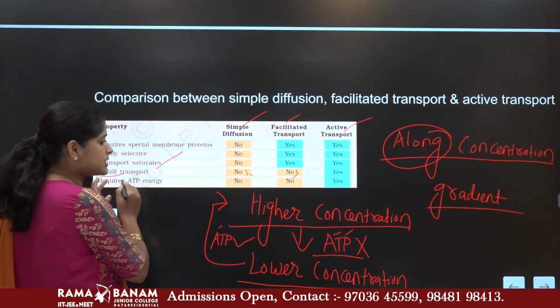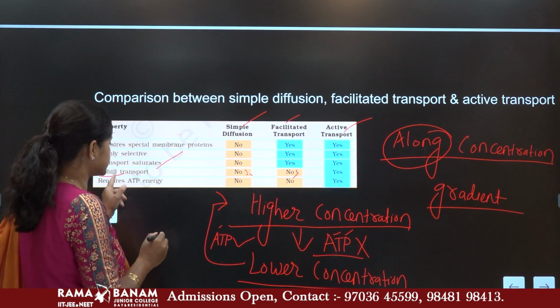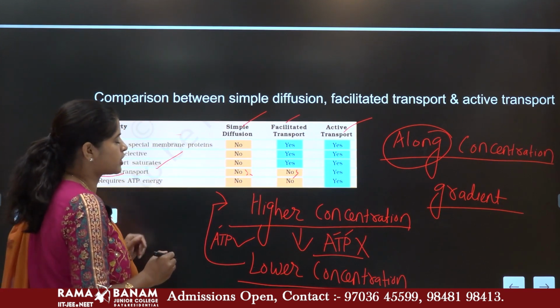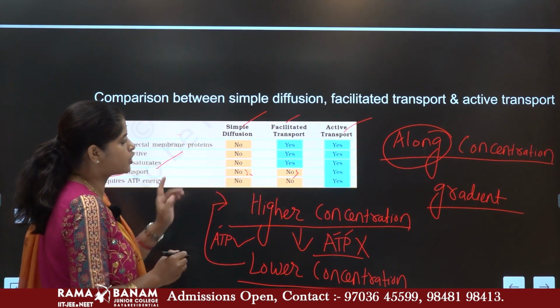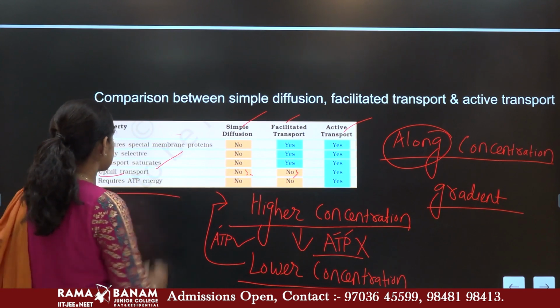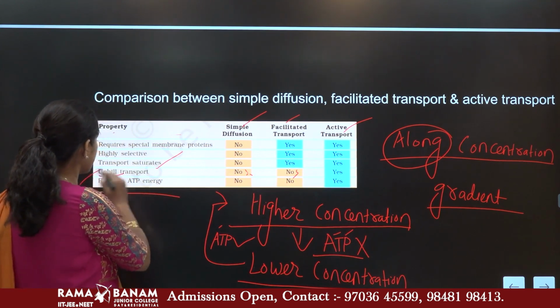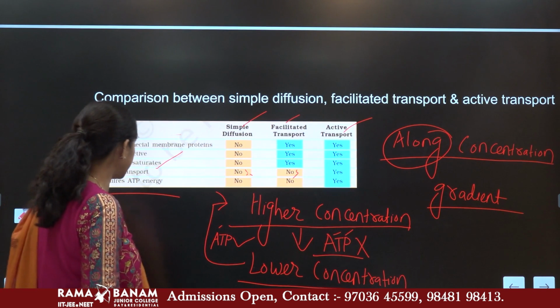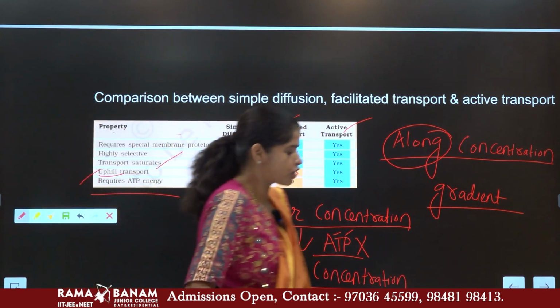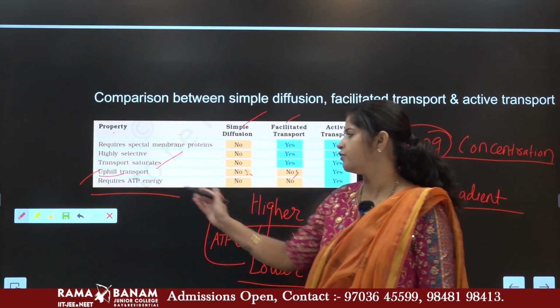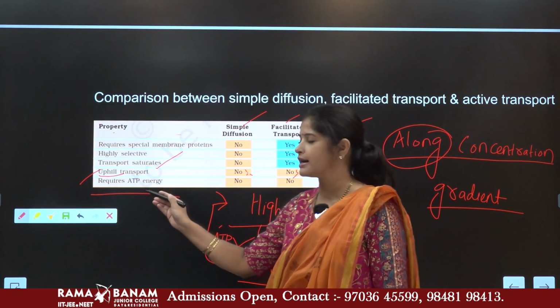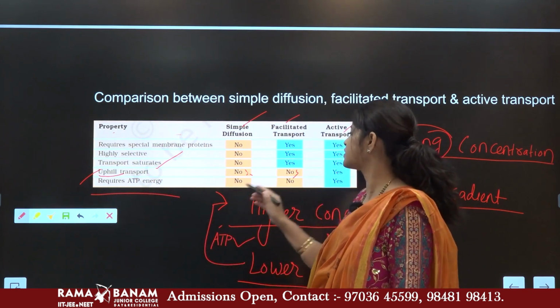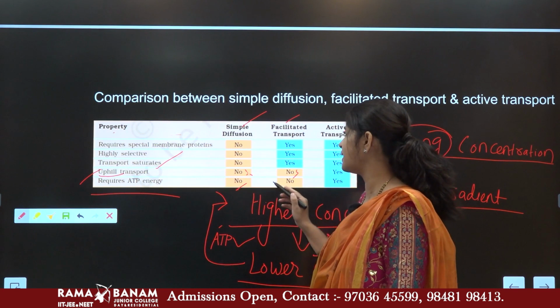So, uphill means energy is required. Energy is required means that is the active transport. Simple diffusion, facilitated, no energy is required. What is the last point? The last point is related to uphill transport, whether it requires ATP energy or not. So, you only tell where the energy is required. Energy is required for the active, it is not required for the simple and the facilitated.